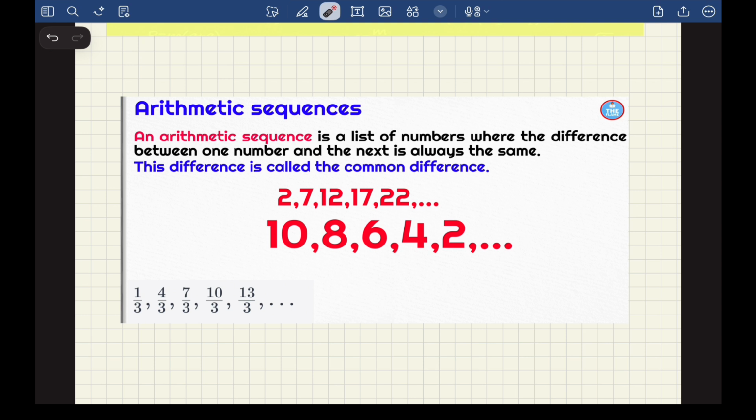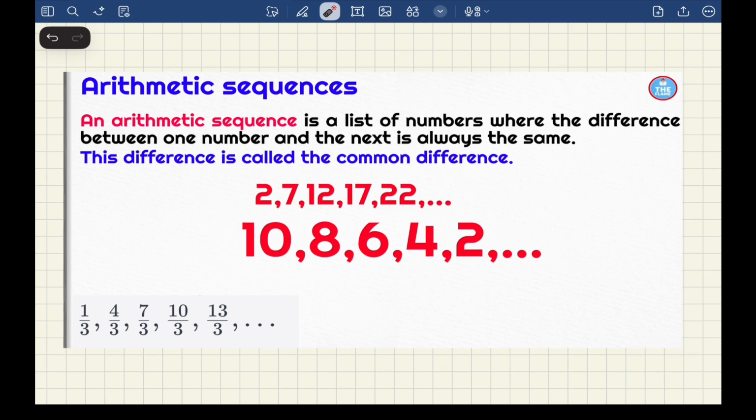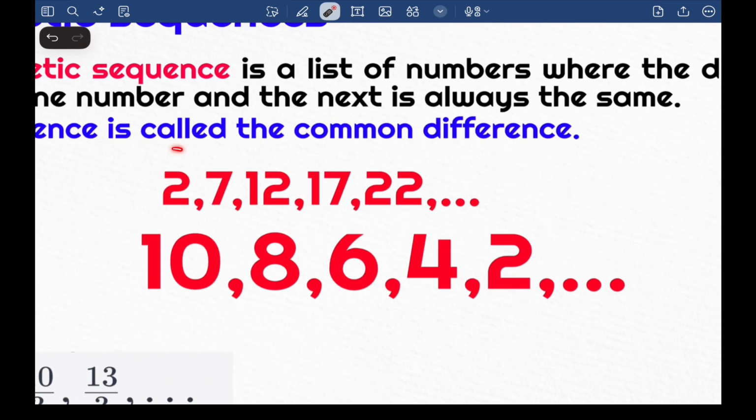Then, if we are talking about arithmetic sequences, we have something very specific. It is when we add or subtract the same amount again and again. For example, here we have from 2 to 7 and 12, the difference is 4, and 4, and 4.